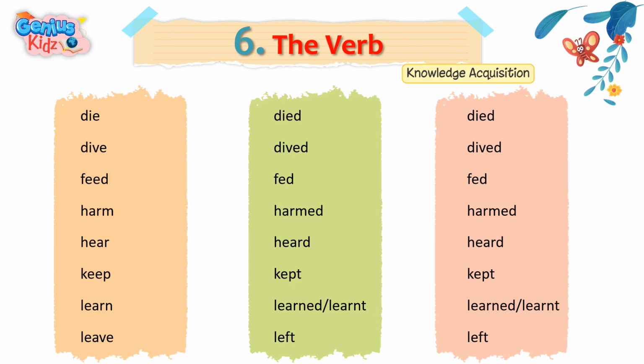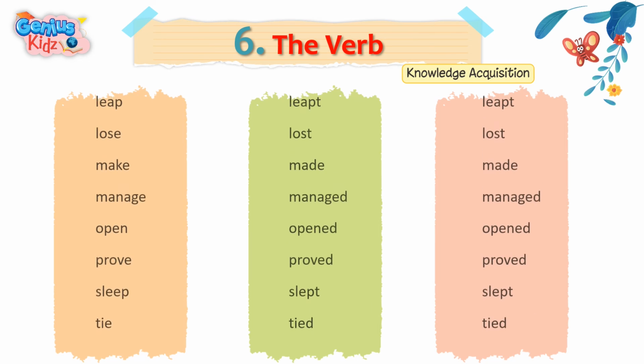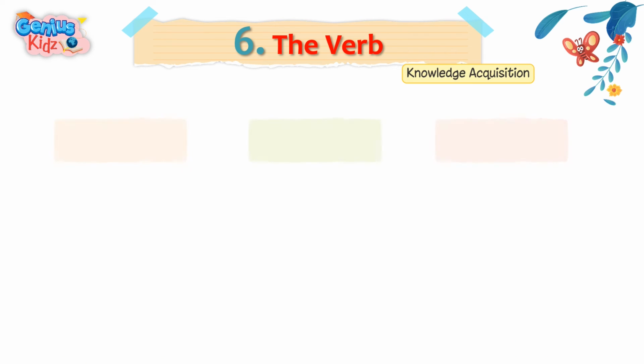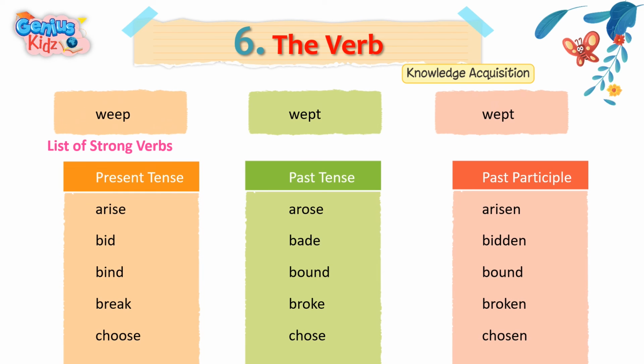Leave, left, left. Leap, leapt, leapt. Lose, lost, lost. Make, made, made. Manage, managed, managed. Open, opened, opened. Prove, proved, proved. Sleep, slept, slept. Tie, tied, tied. Weep, wept, wept.